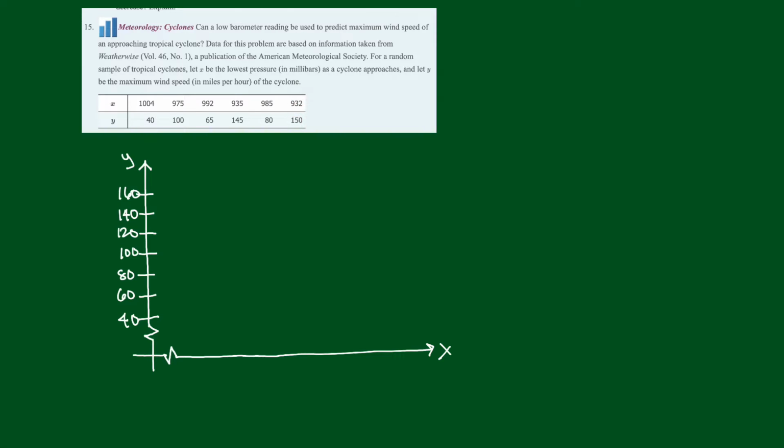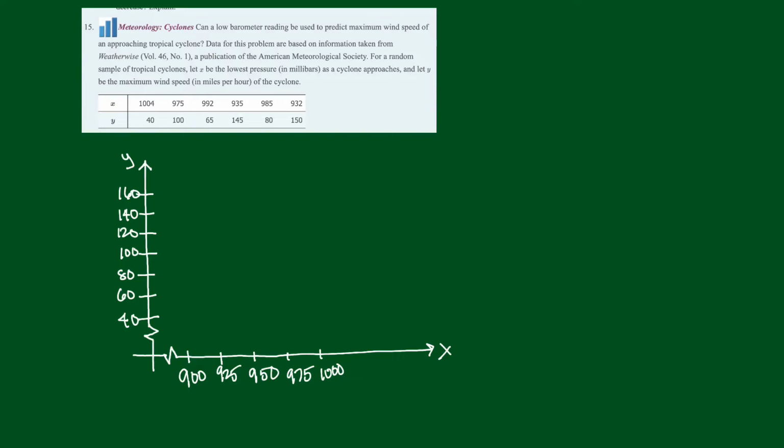What if I start this at 900 and then go up maybe every 25: 900, 925, 950, 975, and 1,000.